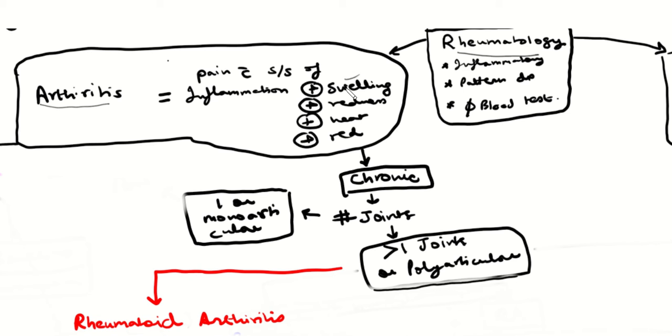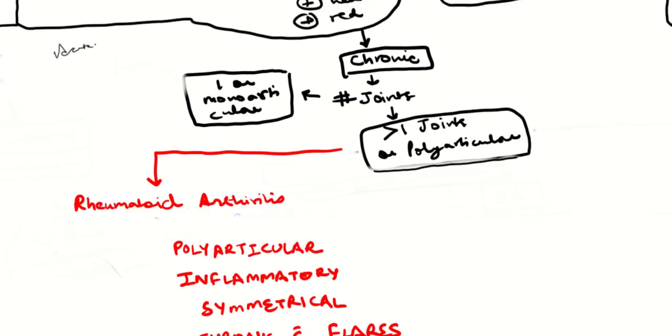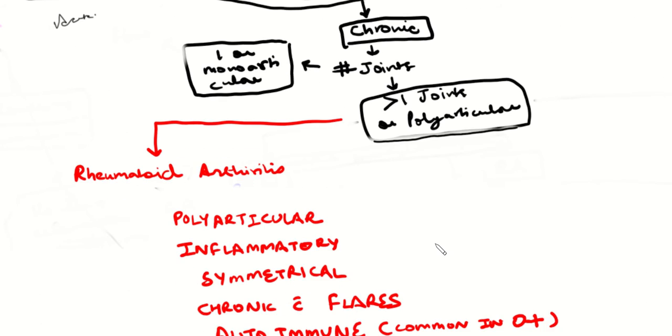So, you'd have swelling, redness, heat, and we divided it into acute and chronic. And with chronic, if you have more number of joints that are involved, one of the things that comes to mind is rheumatoid arthritis.